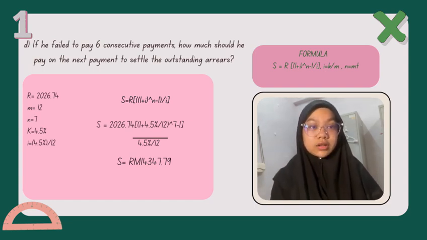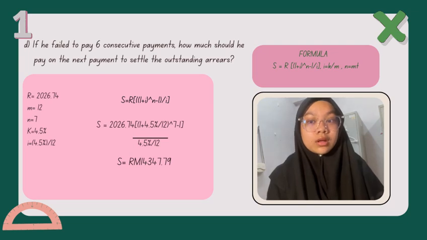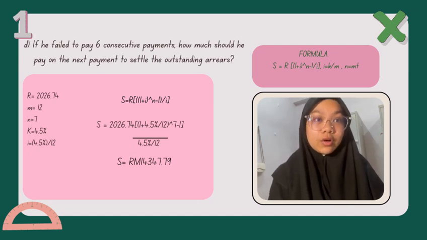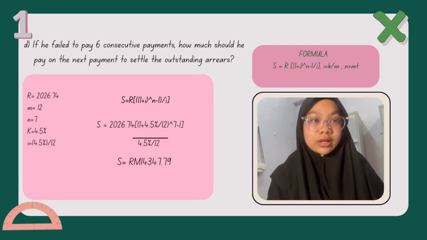So I will be using the future value formula, which is S equals to R, bracket, the numerator is bracket 1 plus i, which is 4.5% over 12, and then bracket to the power of 7 minus 1, over 4.5% over 12, which is the i.